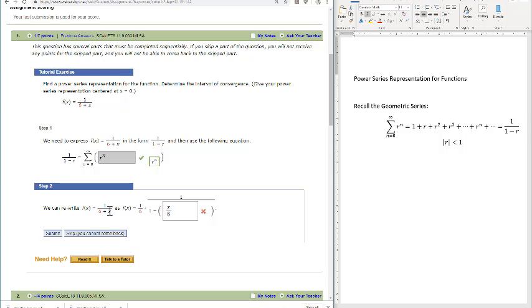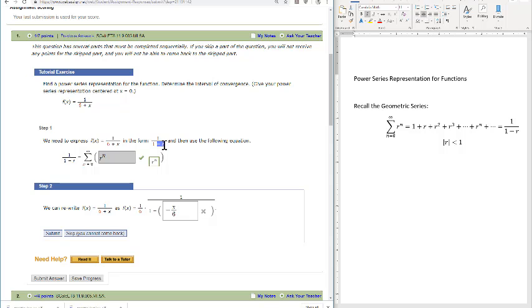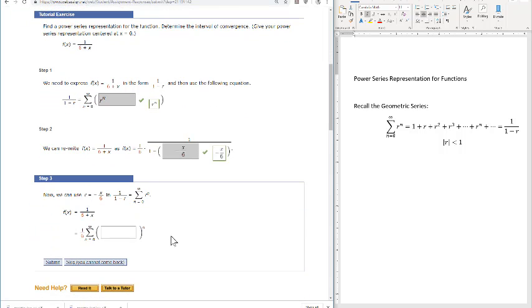Oops. It looks like there's a plus here and there's a minus here, so let's throw a negative sign in there because our series has a negative sign here as well. Now that we have that, we can identify our r value as negative x over 6.